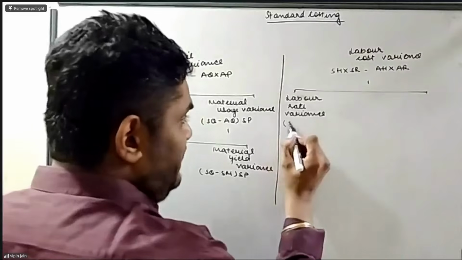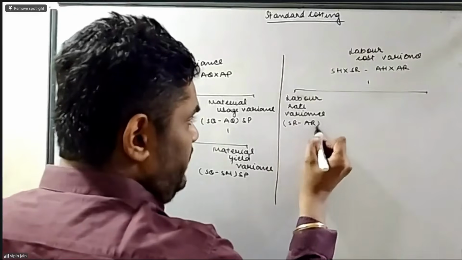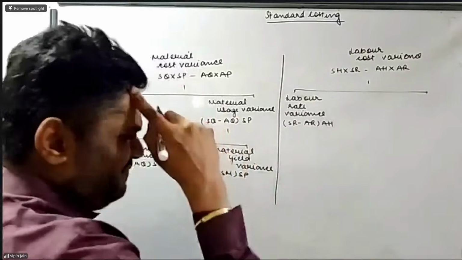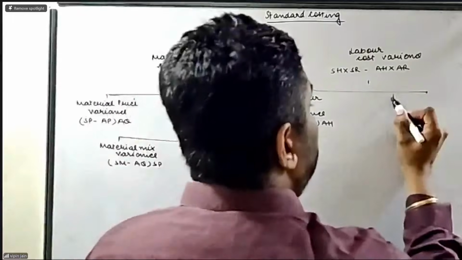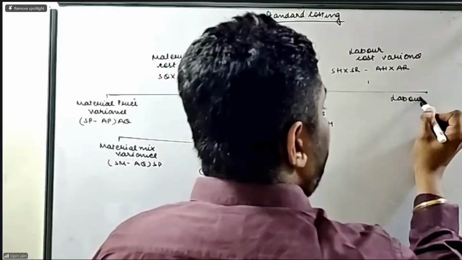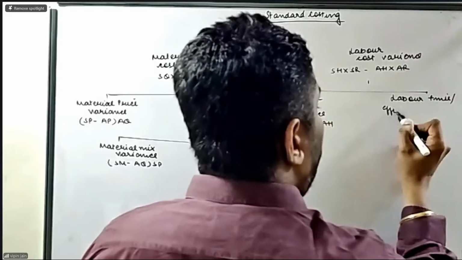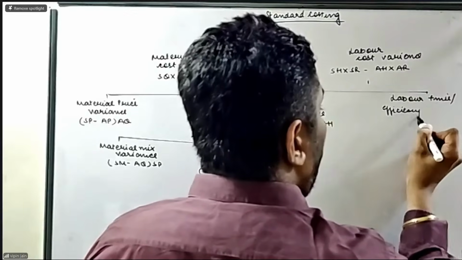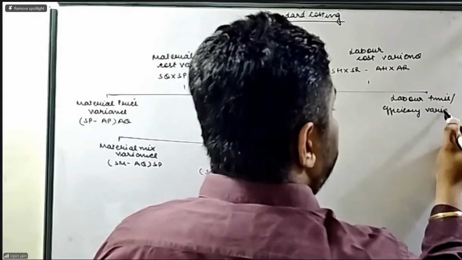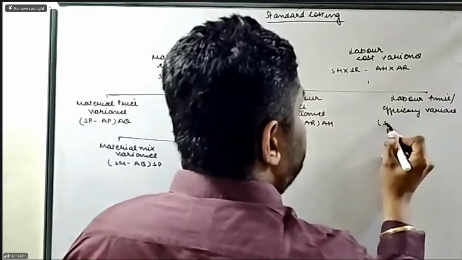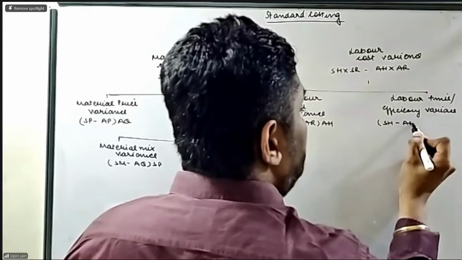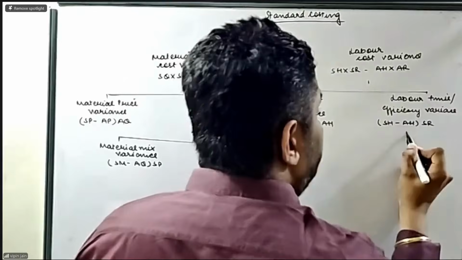Labor rate variance, that is standard rate minus actual rate into actual hours. Labor time or efficiency variance, that is standard hours minus actual hours into standard rate.